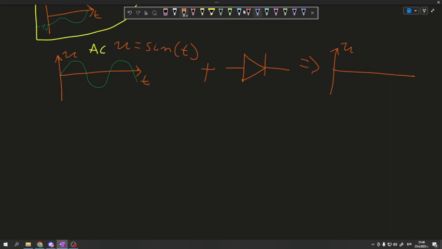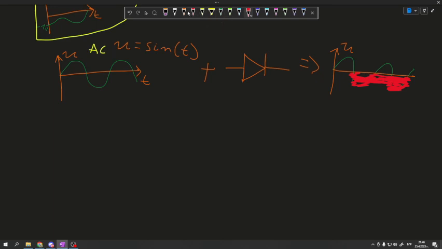So let me draw the AC again like this. It basically destroys all of that current. It removes it. There is no negative region. In the negative region, the semiconductor is an insulator. No current will flow, and what you're left with is just the top region.